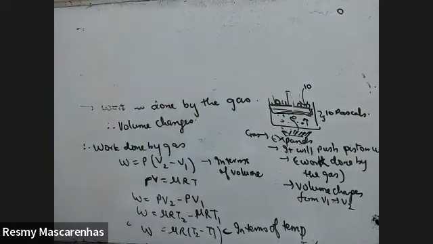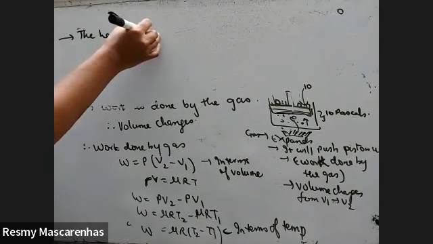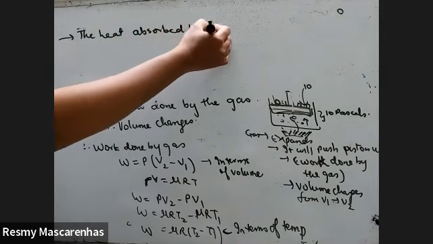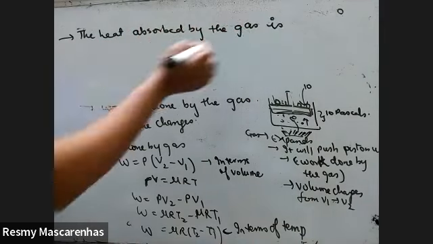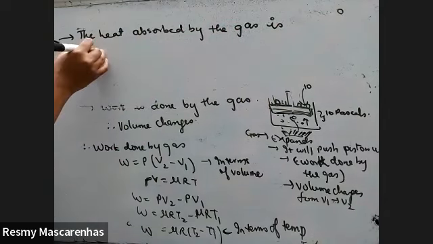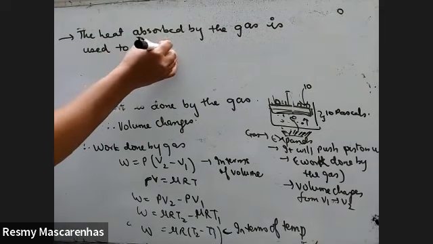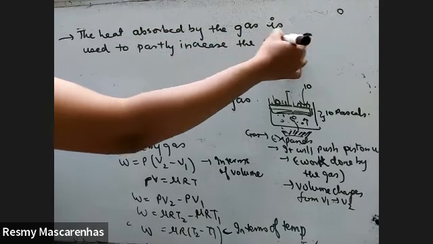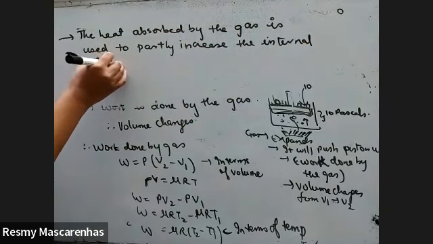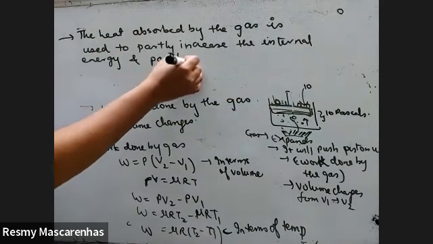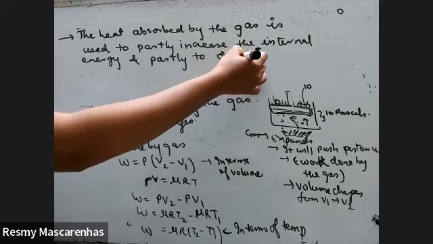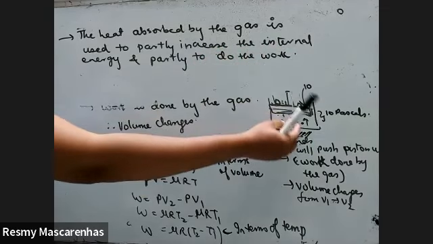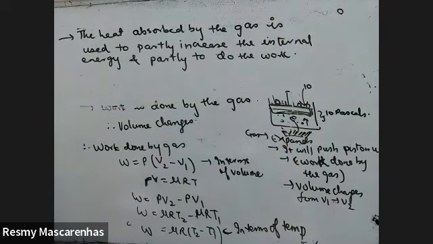For this process, the heat absorbed by the gas is used partly to increase the internal energy and partly to do the work. So both things are taking place. It will gain energy, plus it will move the piston, meaning it will do the work also.